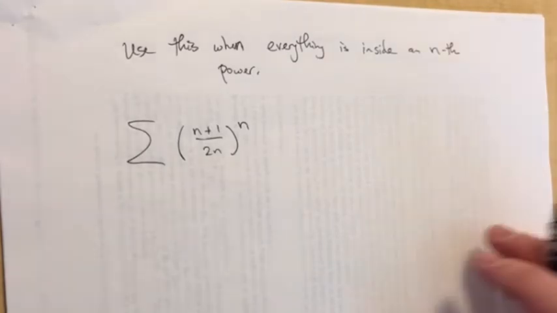This is kind of weird, and it's a fairly specific situation, which is why we're not going to make such a big deal out of the root test, because it really is only good in situations like this, where you have stuff involving n, which itself is inside of an nth power. This you almost never encounter in calculus. Something like x to the power x is very weird. But sometimes it comes up. Anyway, n plus 1 over 2n to the power n. Let's try this using the root test.